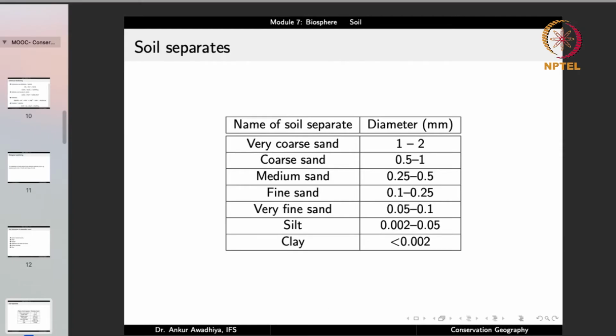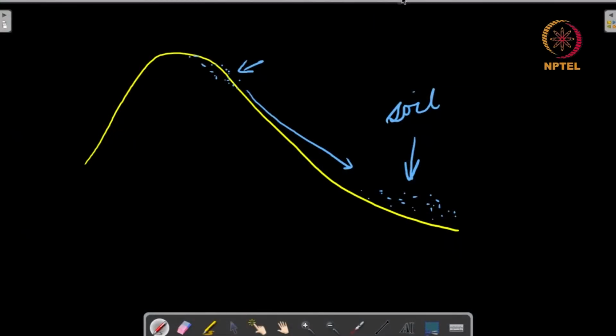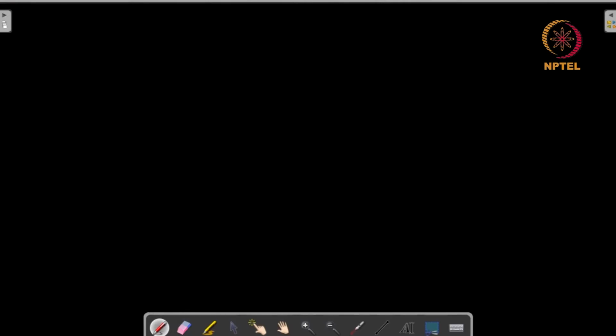Now, what does soil look like? If you take soil, you can separate it on the basis of the fragment size. So we can have different soil separates in a sample of soil. Essentially what we do to look at soil separates is that you take a sample of soil and you put it through a sieve.